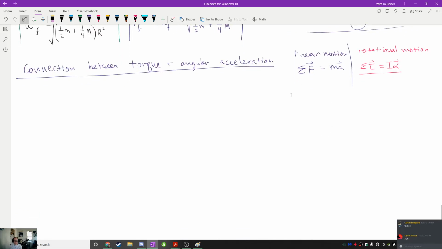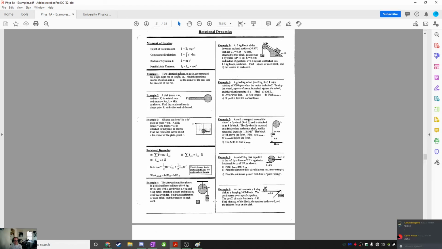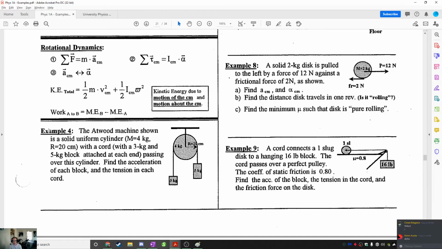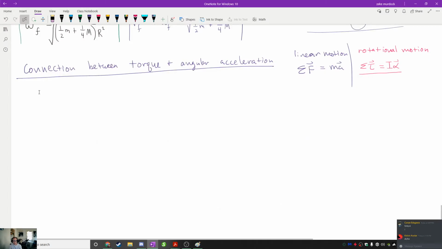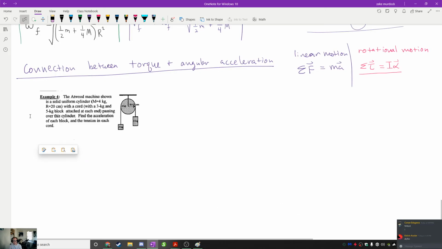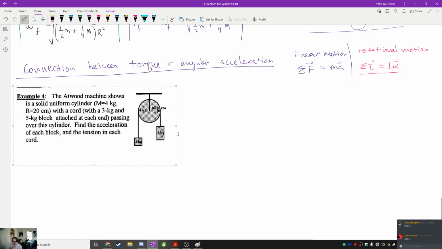So let's look at a problem that we can solve with this, and probably the simplest version of a problem that we can do is this one right here, the Atwood machine. Yeah, this is a pretty good example of something where we can use torque and angular acceleration to solve.